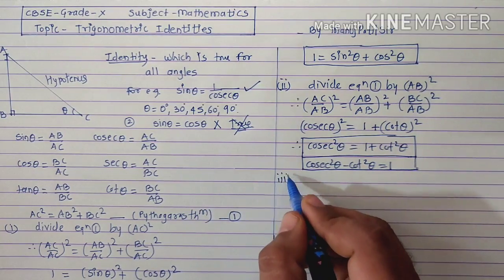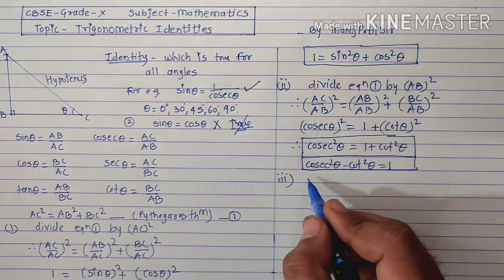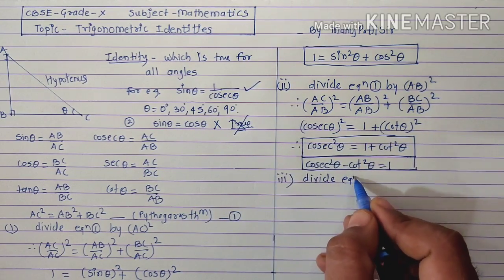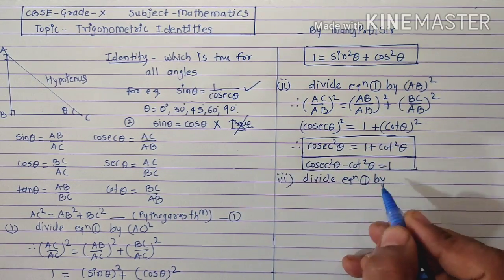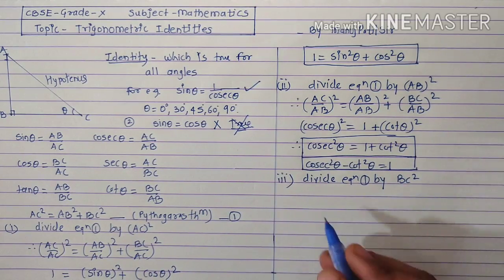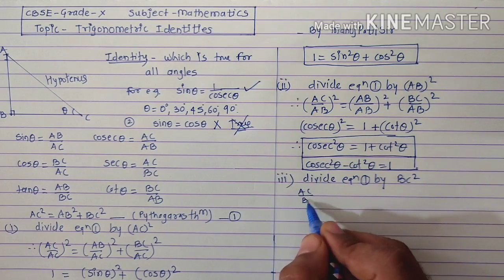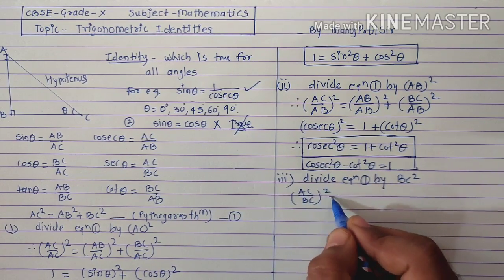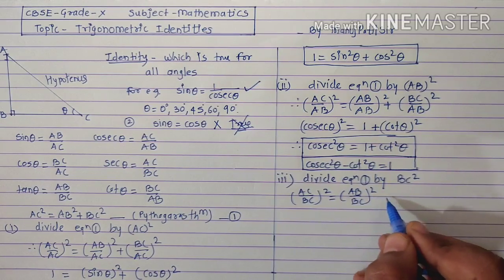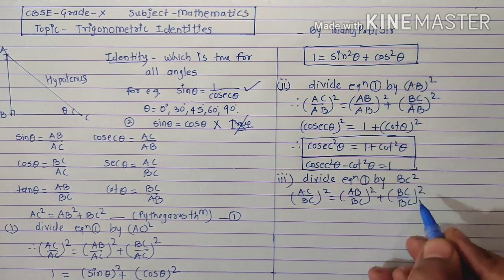Now we'll see the third identity. In the same way we consider equation 1 and divide it by BC square. We get AC upon BC bracket square equals AB upon BC bracket square plus BC upon BC bracket square.